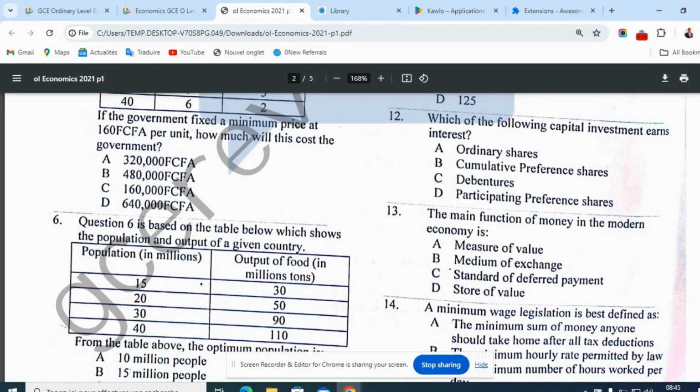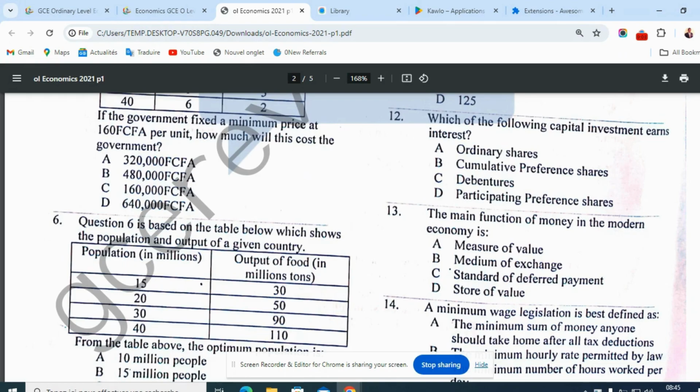Now 13, it says the main function of money in the modern economy is. So what is the main function of money in a modern economy? We have measure of value, we have medium of exchange, we have standard of deferred payment, we have store of value. Few seconds, answer before I give the answer.